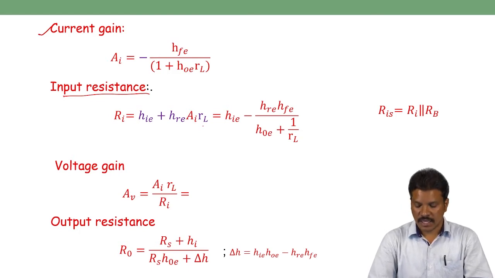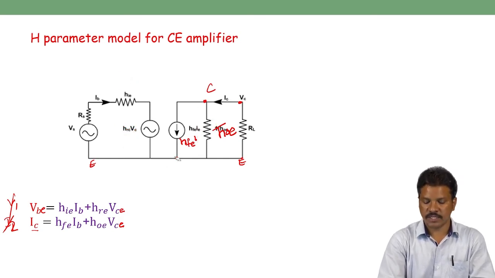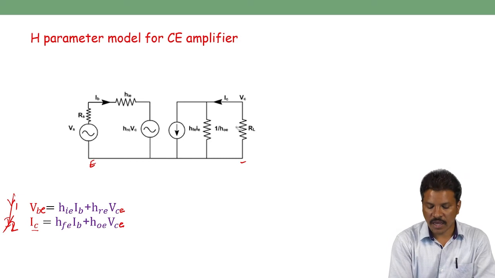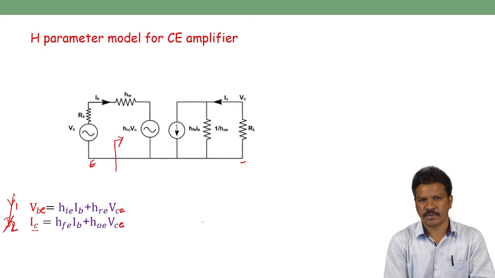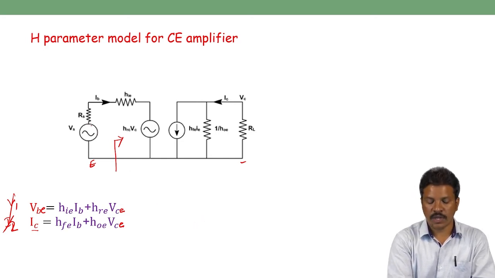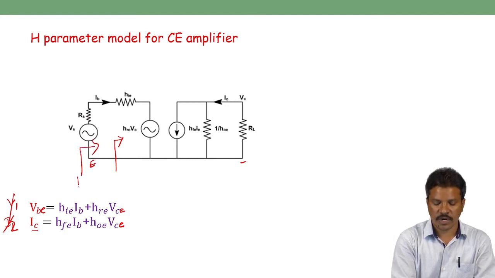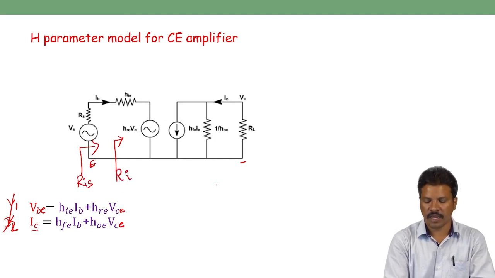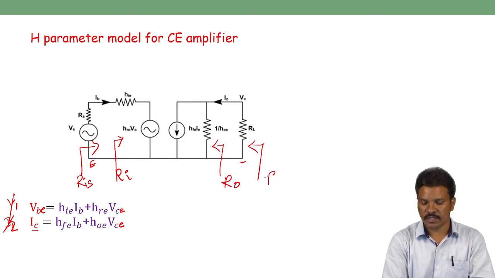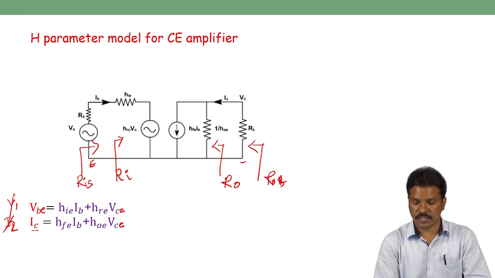If you see the equivalent diagram for the H parameter model in a CE amplifier, the input impedance we see here in the H parameter model does not include the source resistance. When source resistance is included, the total input resistance is represented by RIS. This is represented by RI. This is the actual output impedance R0. When considering the load resistor, it is R0 S, the output resistance considering RL.